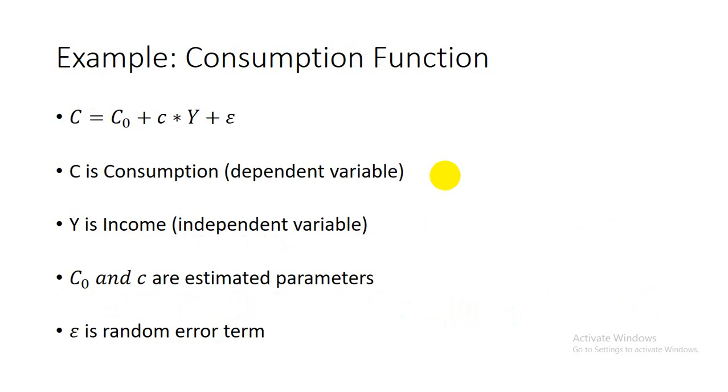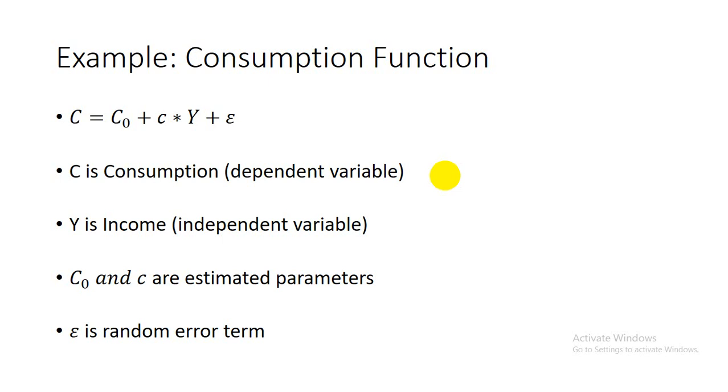For example, we have taken the example of the consumption function, which is a well-known hypothesis. According to the consumption function, consumption is a function of income, where C is consumption and it is the dependent variable, Y is income and it is the independent variable, where C naught and small c are the estimated parameters, and epsilon is the random error.